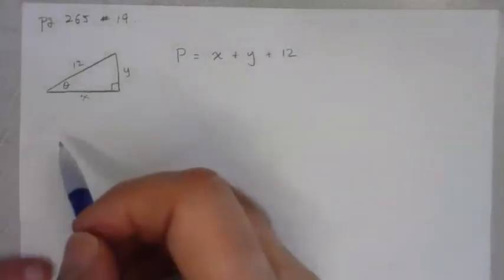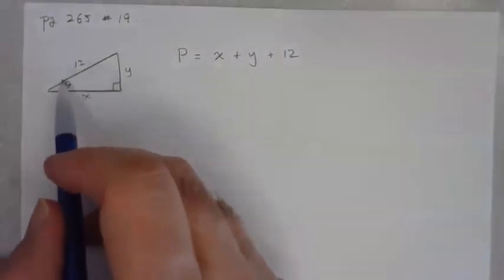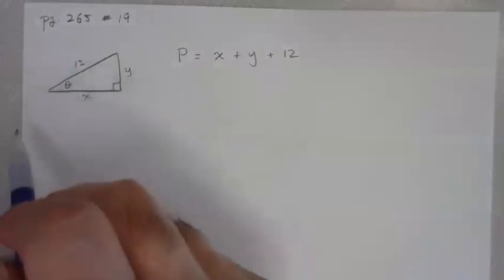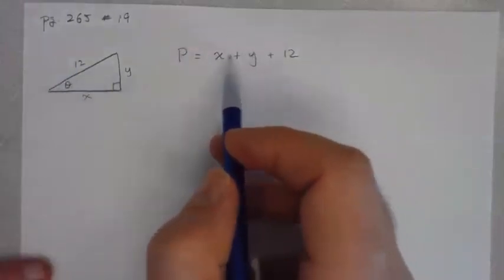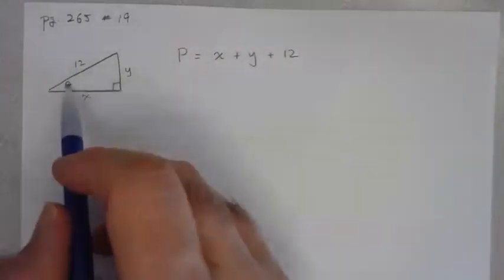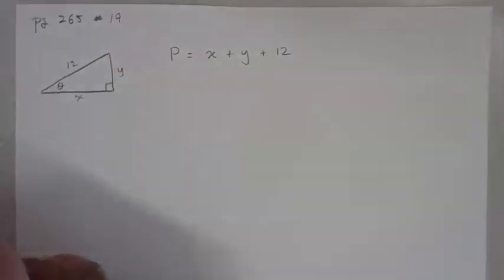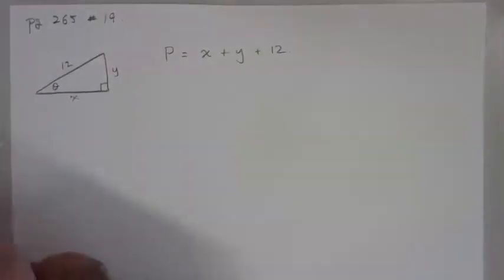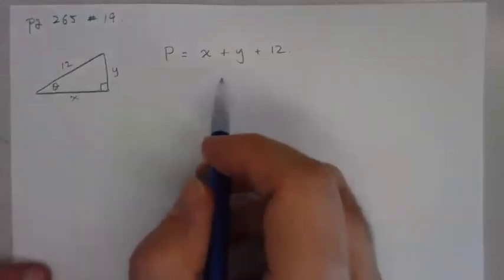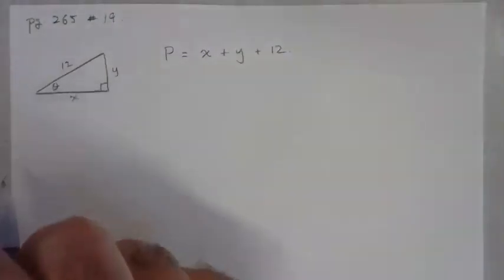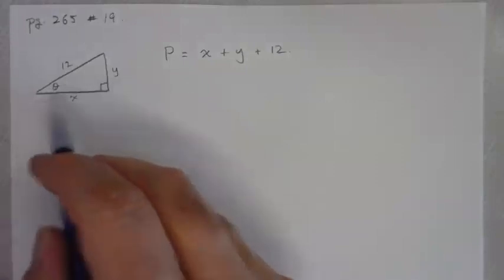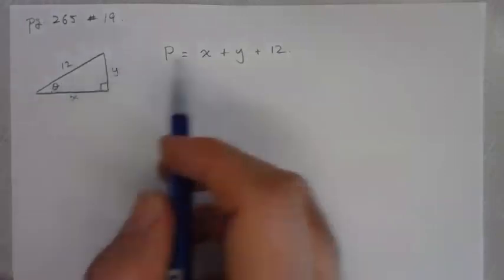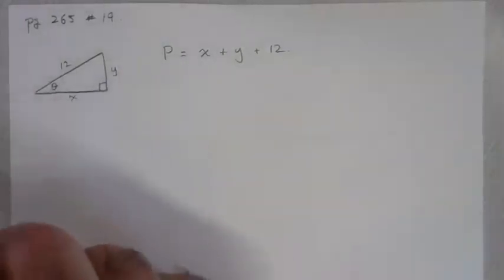Very often we try to write x in terms of y, or y in terms of x, depending on what information we have. But since it's theta we're interested in, and we've done a question like this in class, we're going to write each of these variables in terms of that third variable. Okay, and we'll have our equation in terms of one variable, and not just that, it'll be the variable we're interested in. Okay, and here hopefully you can see that the connection we're going to make is just the primary trig ratios.